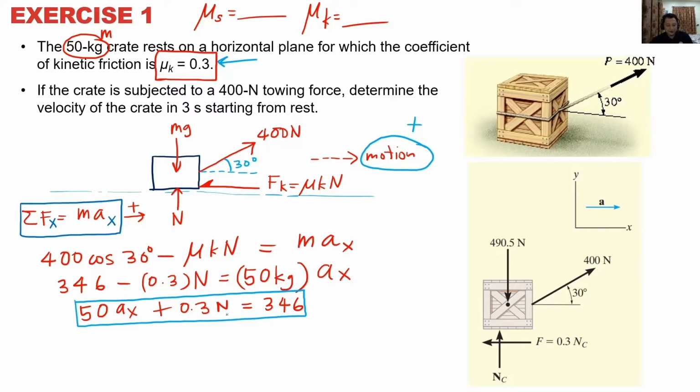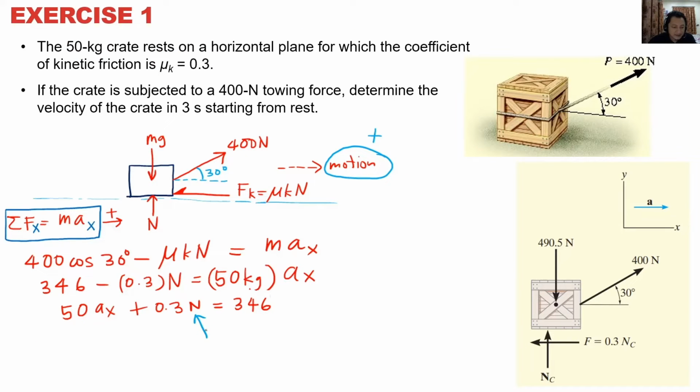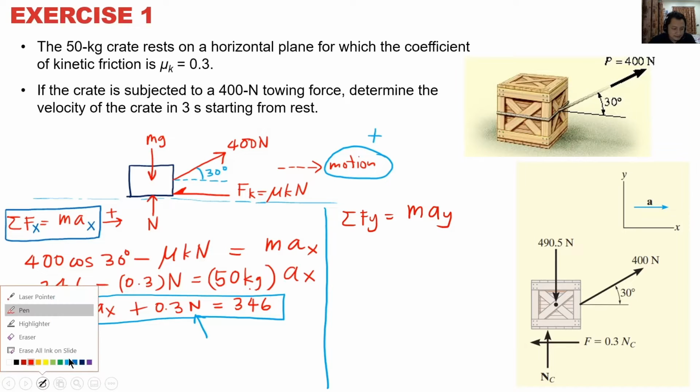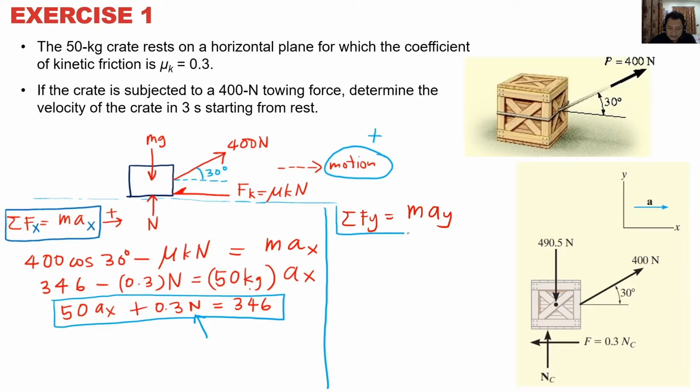Obviously you don't know normal. What is normal? We need to find out what normal is. We don't have the normal value. In order to solve for normal, we need to solve summation Fy equals may.